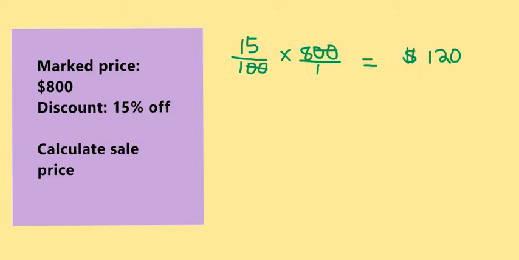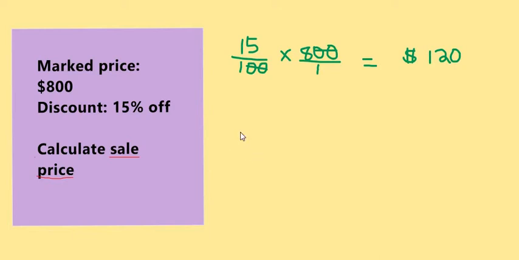What is the question asking you for? The question says calculate the sale price. So what's the sale price? Remember, the sale price is the amount that an item costs after the discount.